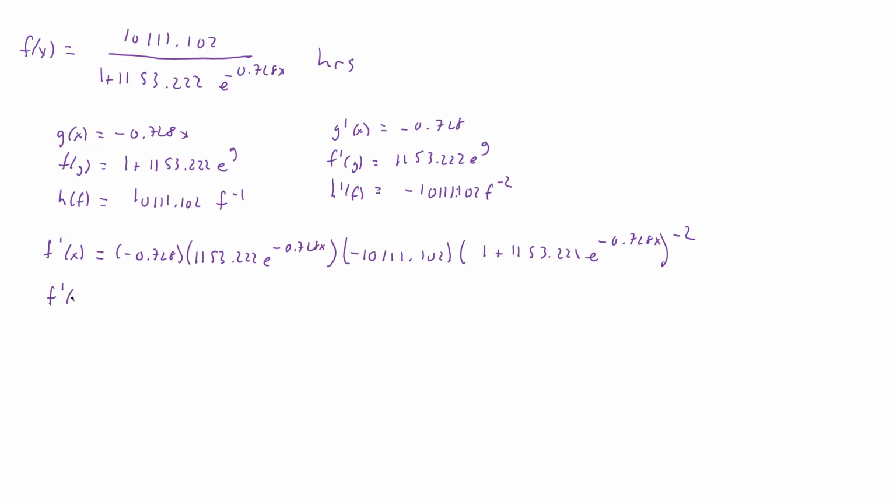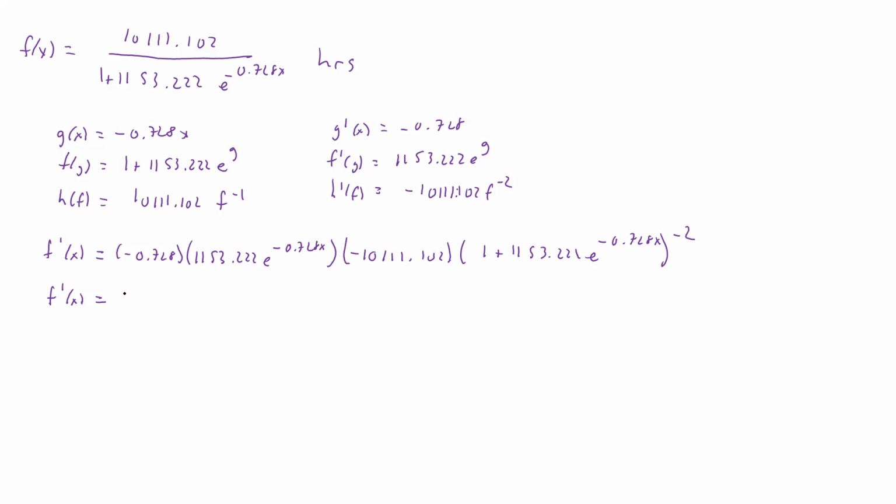And so f prime of x is equal to, and if we take all that, we get 0.728 times 1153.222. And again, this is where rounding is going to get us a slightly different answer, but we'll be happy with it because then we don't have to carry out all those decimal places.